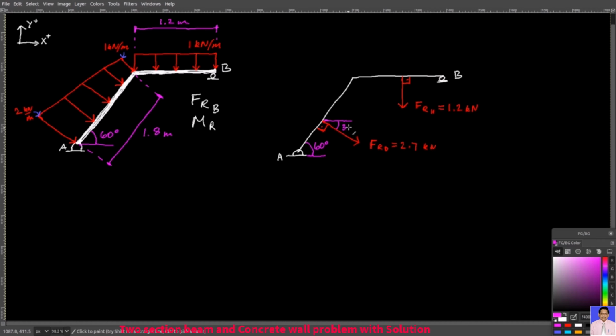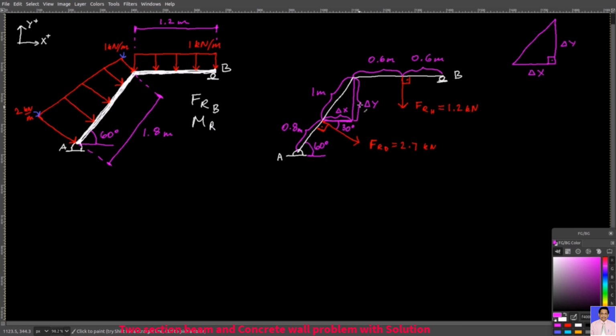Then you already know that this section is 0.8 meters, this section is 1 meter, this section is 0.6 meters, and also this section is 0.6 meters. And then we can also define this length here to be delta x and this length here delta y. Essentially, I have a right triangle here.